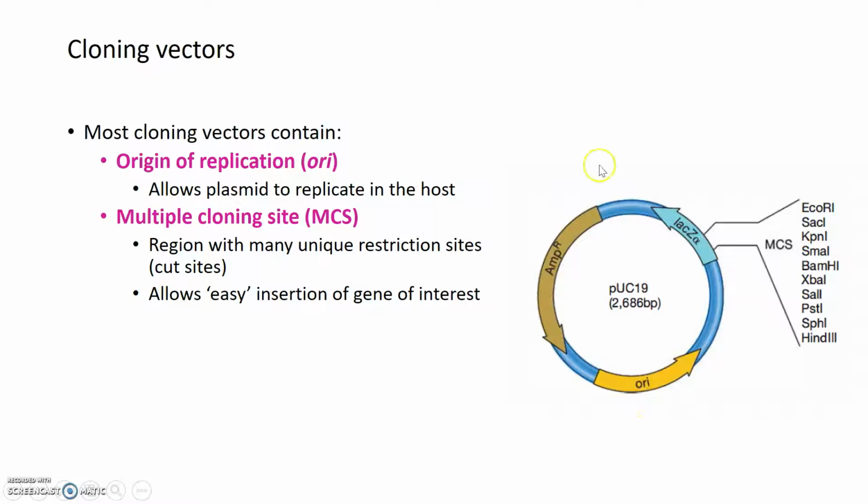And cloning vectors also need to contain what's known as a multiple cloning site, or an MCS, which is just a region of the plasmid that has many different restriction sites or cut sites. And by cutting in this multiple cloning site, it allows you to insert your gene of interest, or that piece of DNA, from a donor cell into the plasmid here in the multiple cloning site so that it can be expressed in the bacterial cells.